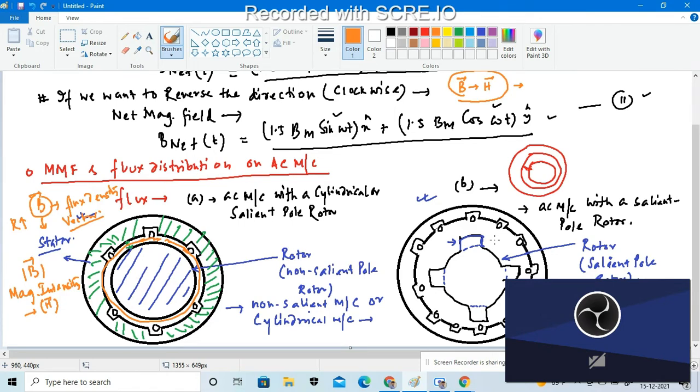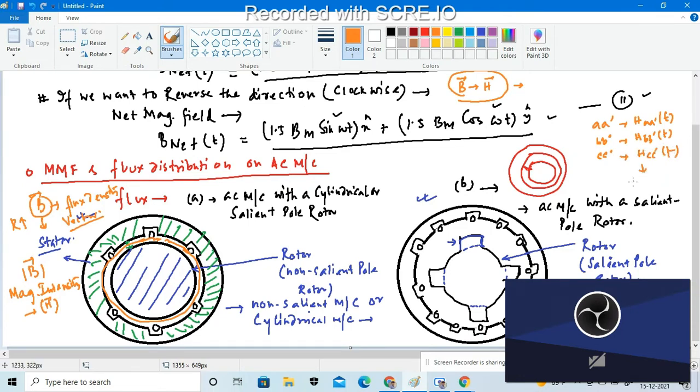But in the case of a machine, we consider B as the flux density vector and H as the magnetizing intensity. So for that case, we have three different coils, A dash, B dash, and C dash. We find the magnetic intensity vector H of A dash at a particular time, we find H of B dash at a particular time, and we find H of C dash at a particular time.